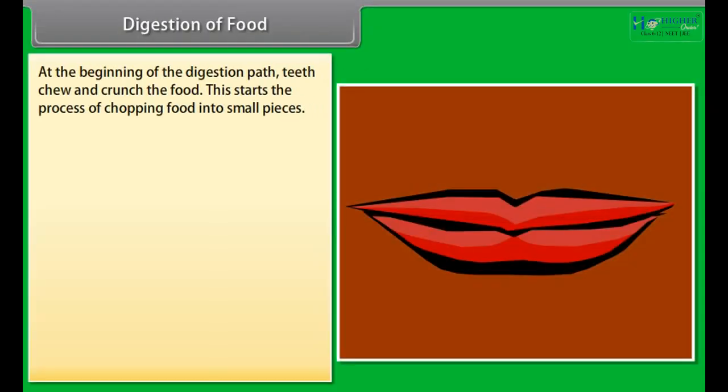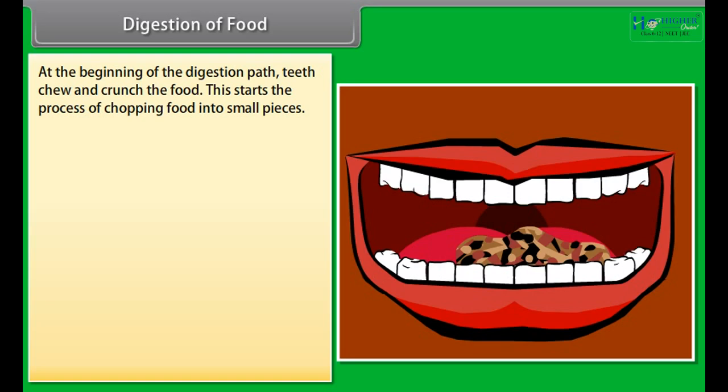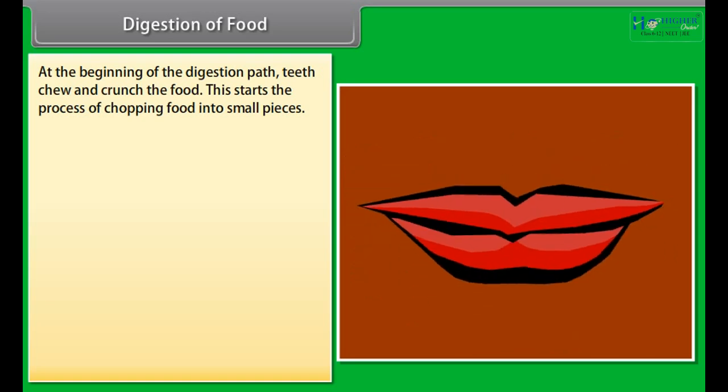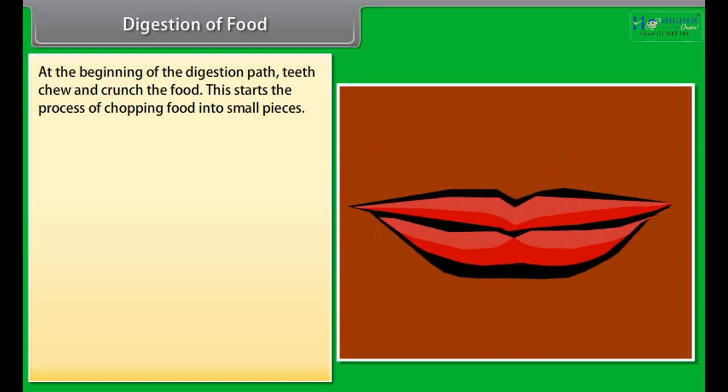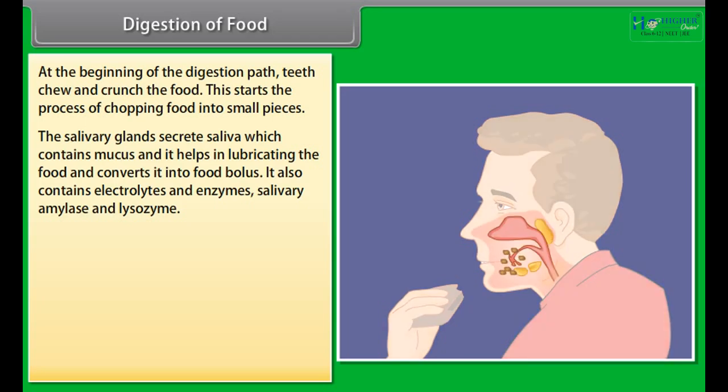Digestion of food. At the beginning of the digestion path, teeth chew and crunch the food. This starts the process of chopping food into small pieces. The salivary gland secretes saliva which contains mucus, and it helps in lubricating the food and converts it into food bolus.